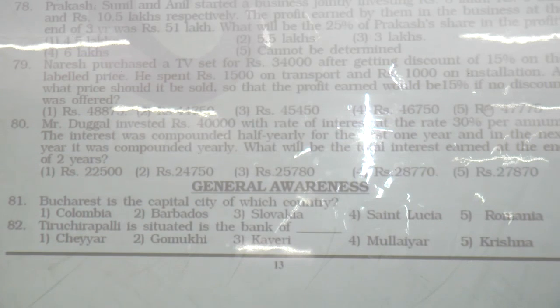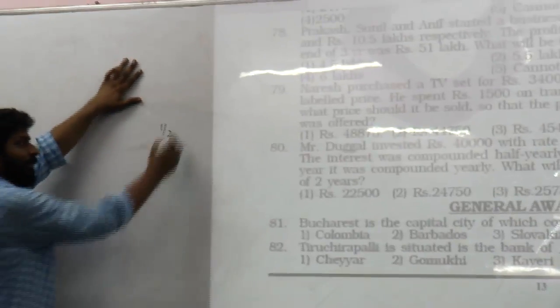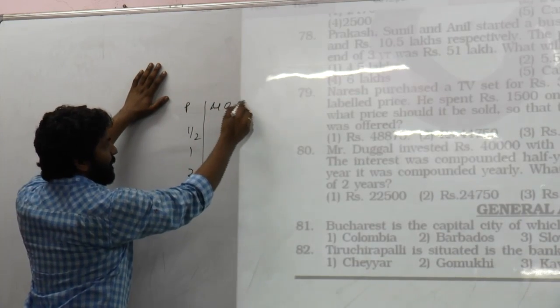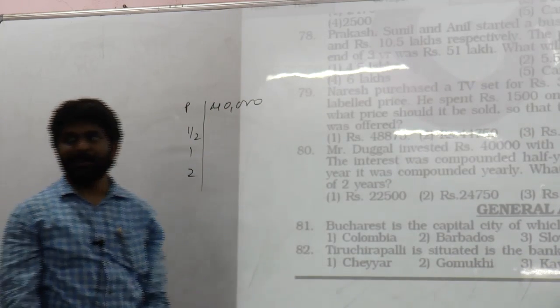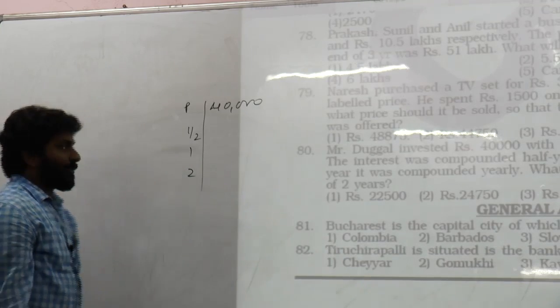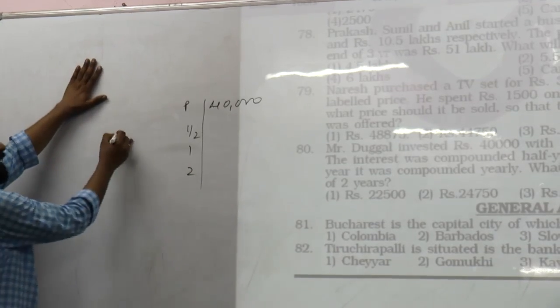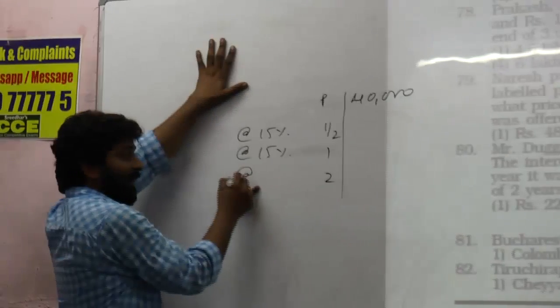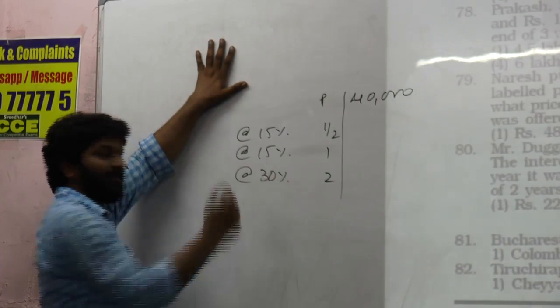Right. So first year it is compounded half yearly. So the first year will have two parts, first half and then second half, and then second year. And your principal is 40,000. Rate of interest is 30% per annum. So for the first half you need to calculate it at the rate of 15%, and second half 15%, and second year 30% rate of interest.